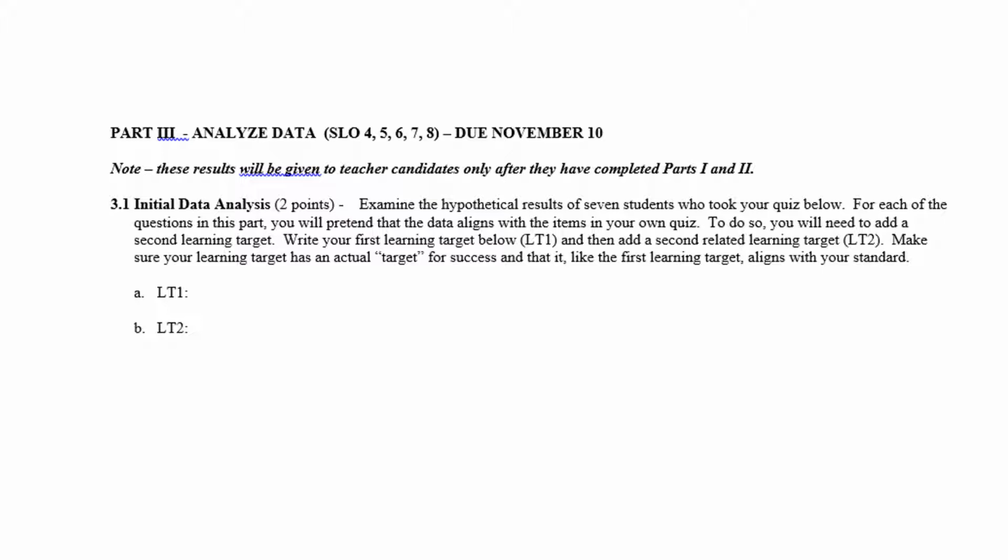LT1 is the existing learning target. LT2 is the second learning target. Also, remember that LT2, your new learning target, should have a target for success, like 80% accuracy, for example, and it should be aligned with your standard, just like your first learning target.